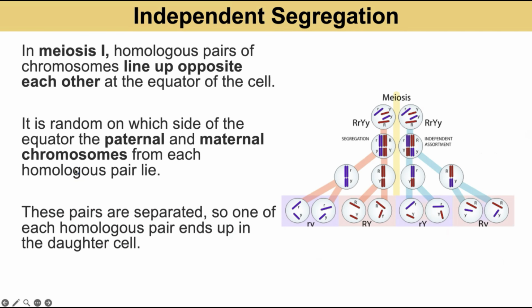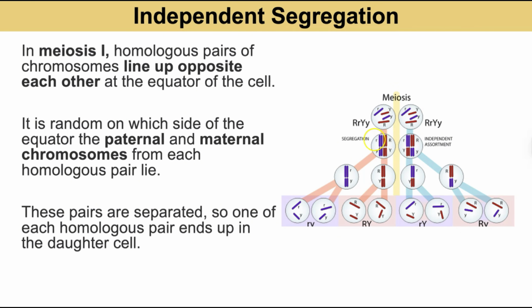So let's go through independent segregation then. As we said, it happens in meiosis 1, and that is when the homologous pairs of chromosomes line up opposite each other at the center of the cell, or the equator of the cell. But it's random which side of the equator the paternal and the maternal chromosomes will line up.